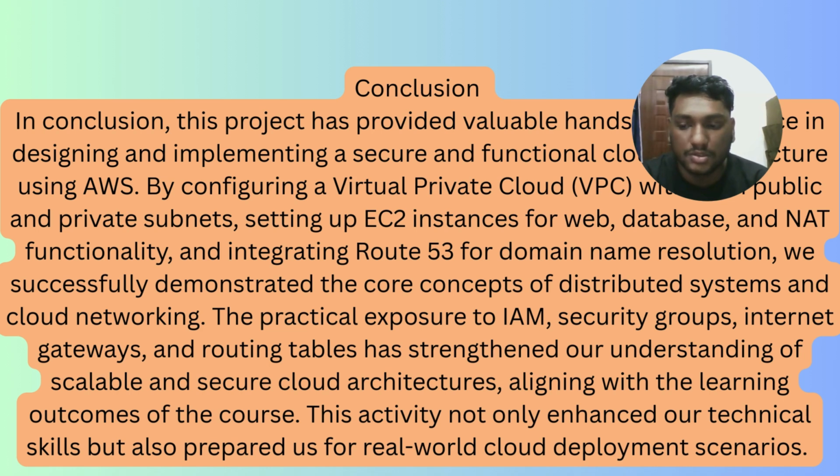The practical exposure to IAM, security groups, internet gateways, and routing tables has strengthened our understanding of scalable and secure cloud architecture. Aligning with the learning outcomes of the course, this activity not only enhances our technical skills but also prepares us for real world cloud deployment scenarios.